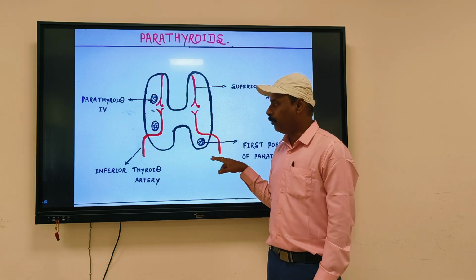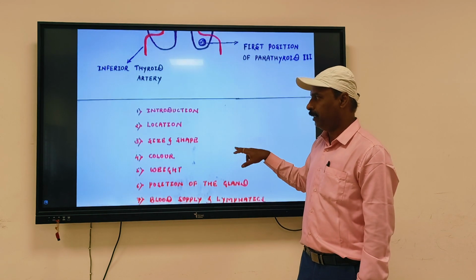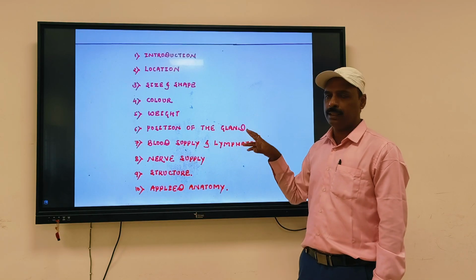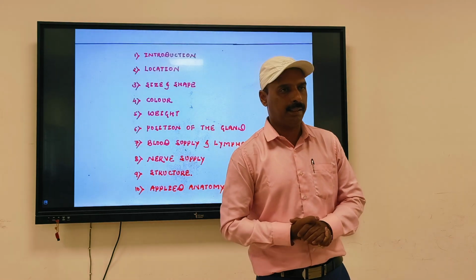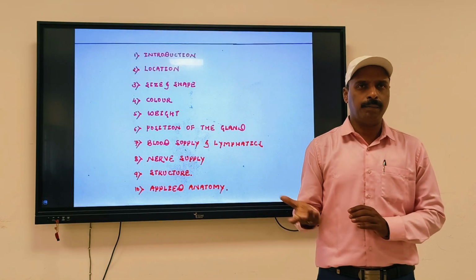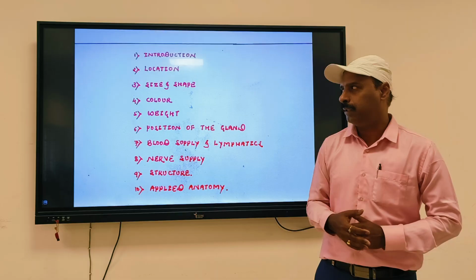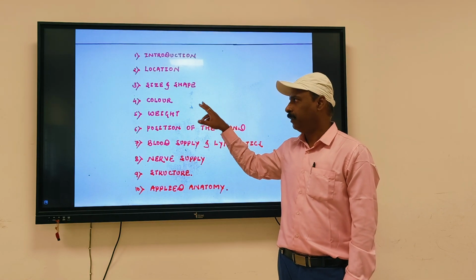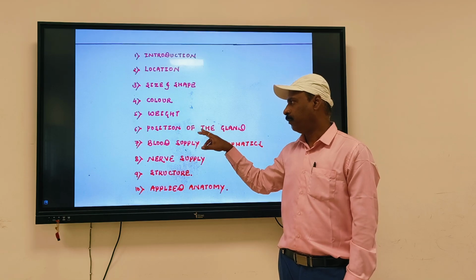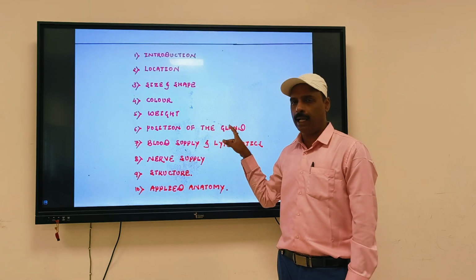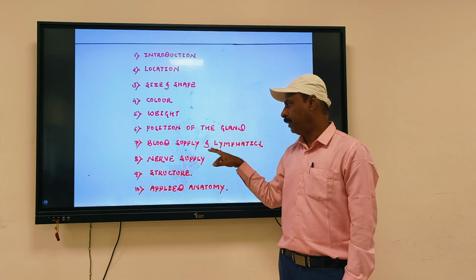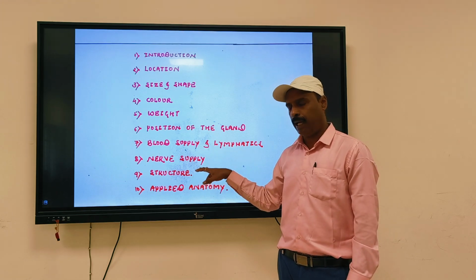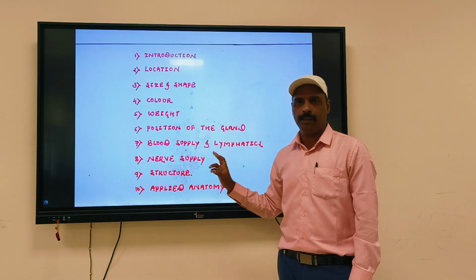Okay, we are going to study the parathyroid. It is a very short topic, and short notes are asked. So under these heads we are going to study the parathyroid. First, I have already given you the introduction; then location, size and shape, color, weight and position of the gland, blood supply, lymphatic drainage, nerve supply, structure, and applied anatomy.